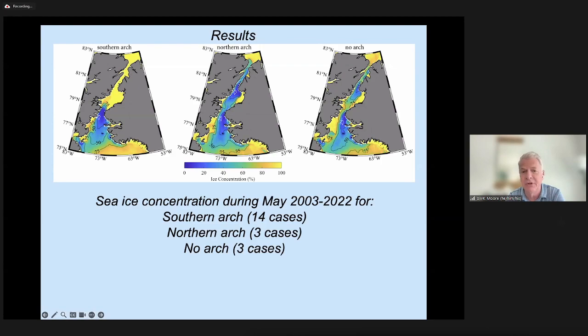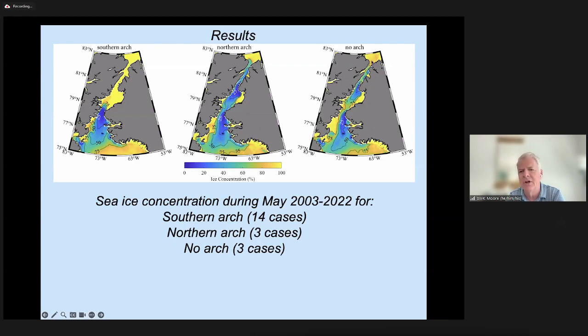If you look at the case where there's a northern arch present, one can see the representation of the arch here. Now one has a very different picture down through Kennedy Channel and Kane Basin, with open water present through much of Kennedy Channel and down into Kane Basin. And again, south of Smith Sound, one has open water, or at least reduced ice cover.